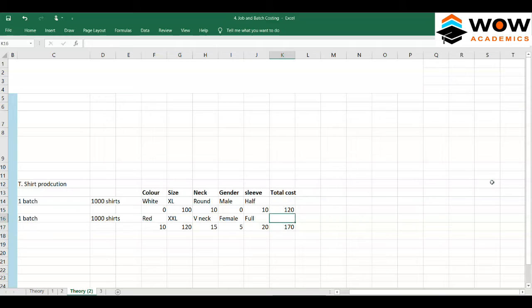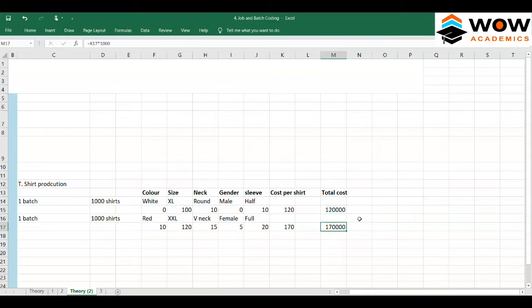So this would not be total, this would actually be cost per shirt. And what would be the total cost? The total cost here would be 120 into 1000 shirts produced, and here it would be 170 into 1000.